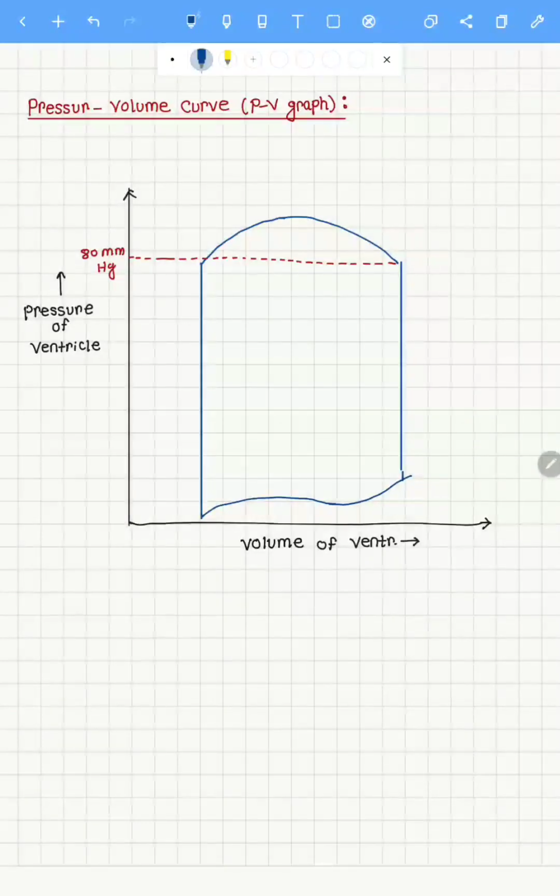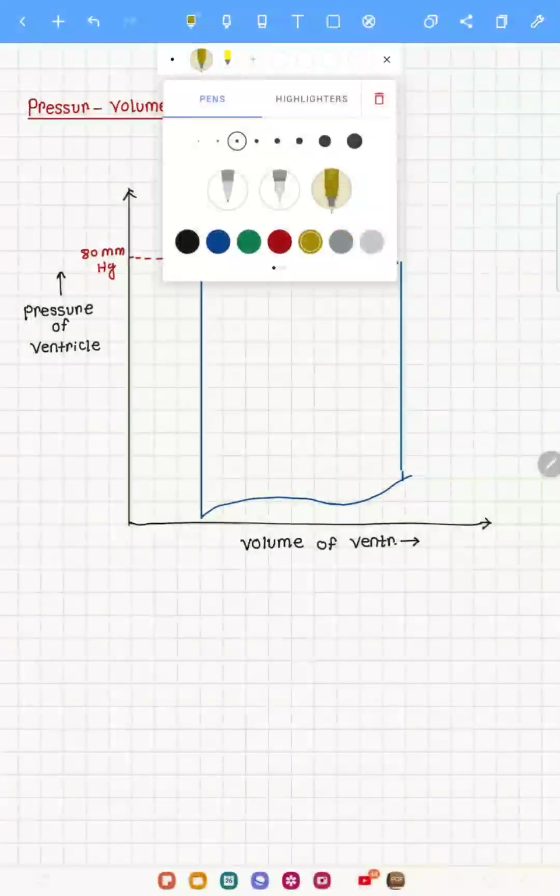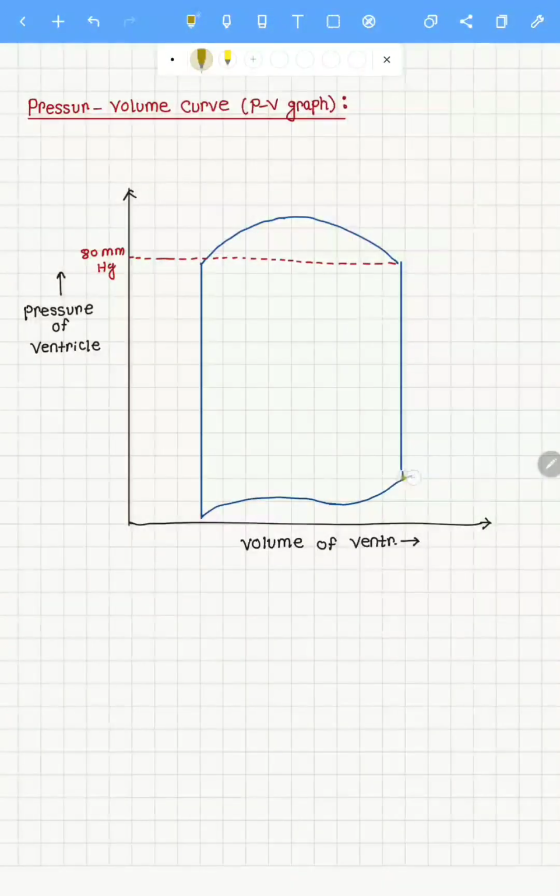Let me mark some important things in the graph. This point on the graph marks the beginning of isovolumetric contraction, or it is the closure of the mitral valve, or you can say AV valve. It is followed by the isovolumetric contraction.